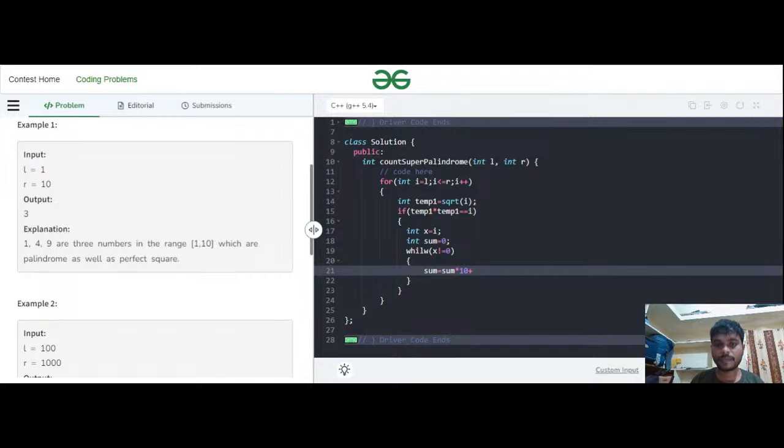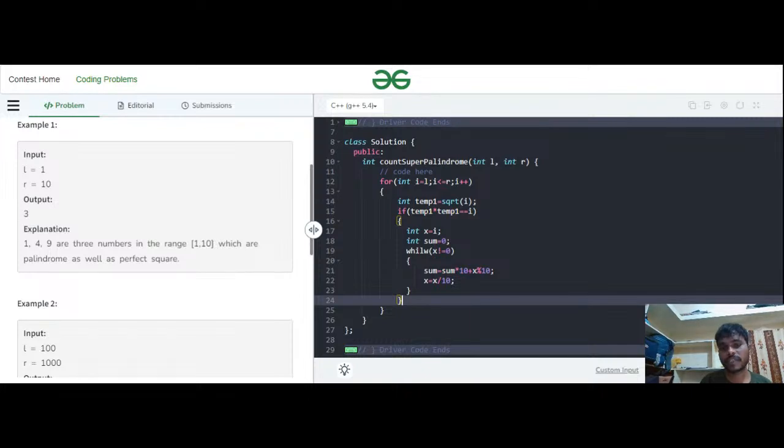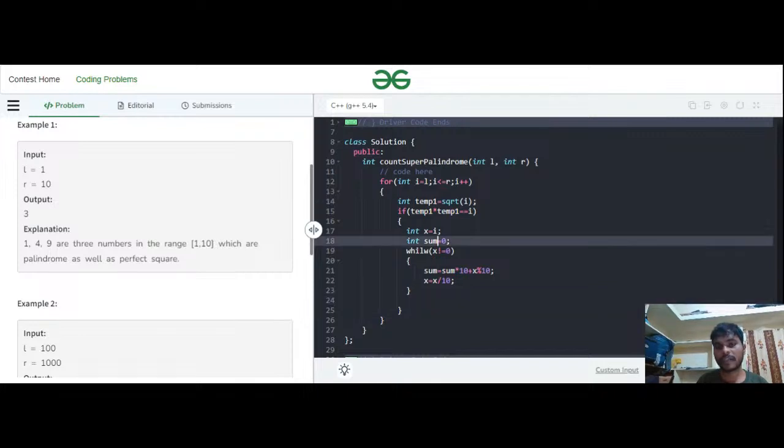Sum is equal to sum into 10 plus x percentage 10, and x is equal to x divided by 10. This is how we do the reverse of a number. Try taking one example. So we get the final reversed number in sum, or you can write it here as reverse.